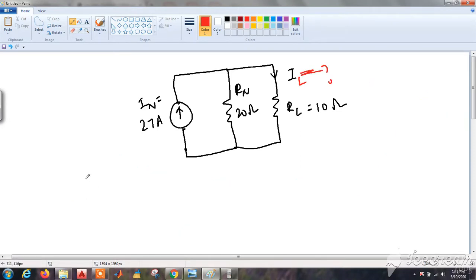Just now we have seen the current division rule. So IL will be equal to the source current. What is the source current here? This is the source current, IN. So IN multiplied by R equivalent. R equivalent will be RN parallel to RL, divided by the branch in which IL is flowing, the RL branch.